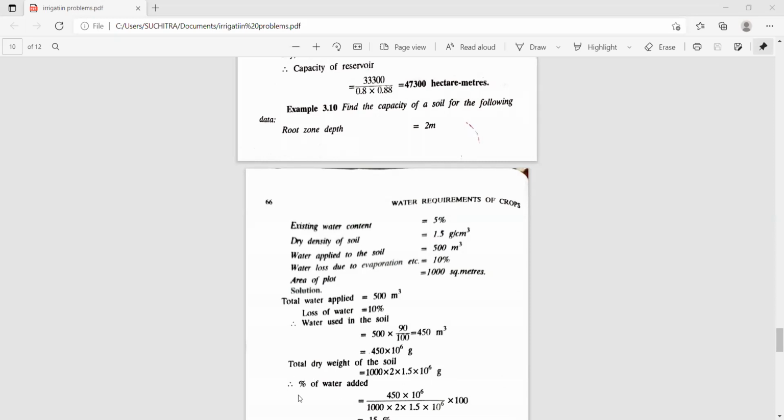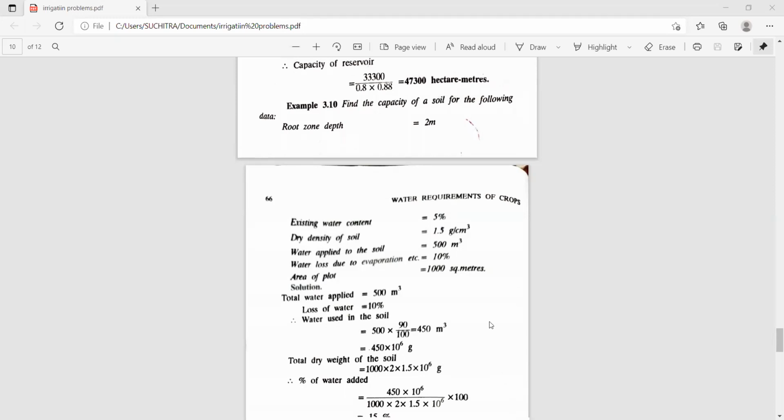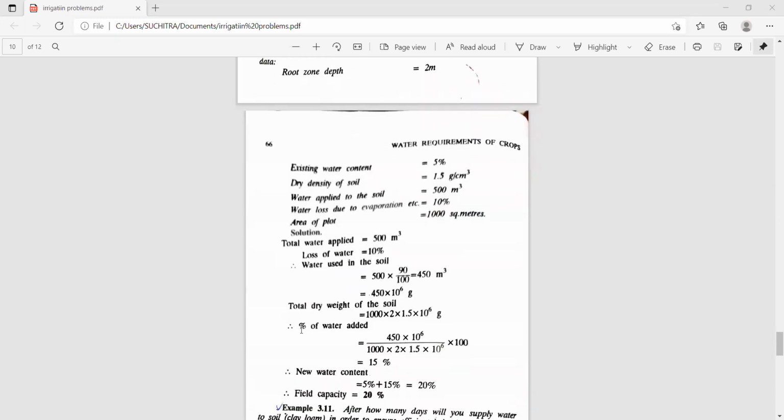Now we can calculate the percentage of water added. Percentage of water added is the total water stored in the soil, about 450 into 10 power 6 grams, divided by the total dry weight of the soil, multiplied by 100, because we keep the values in percentage. So it is about 15%.